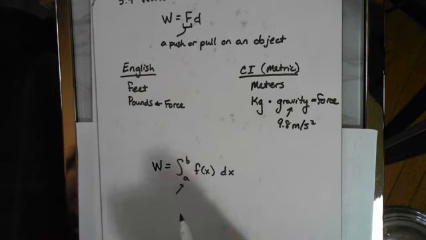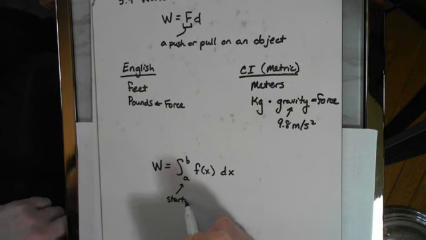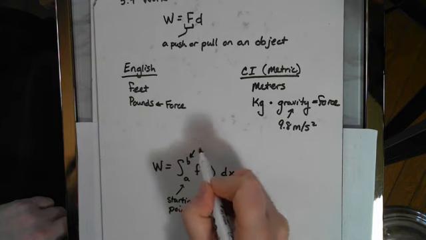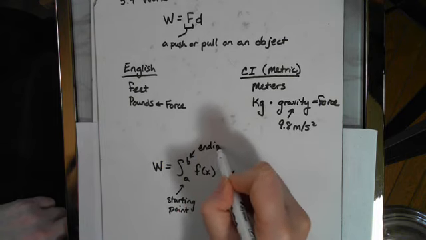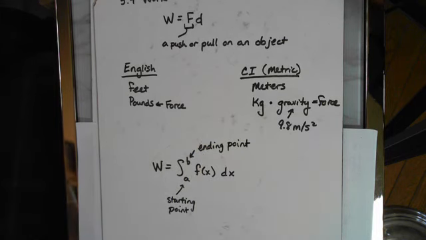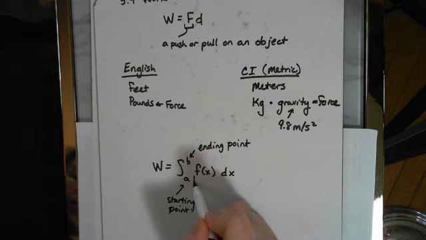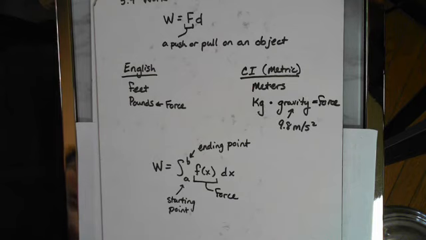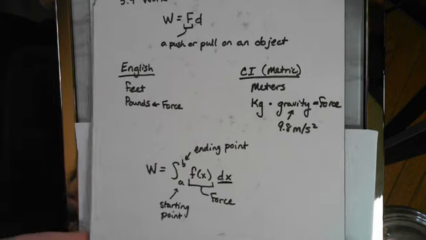This is the starting point. And this is going to be the ending point of its move. The f of x, as I said earlier, is the force function. This describes the force. And dx, of course, is the notation to say we're taking it a little bit at a time, infinitely small. So let's take a look at an example of this.